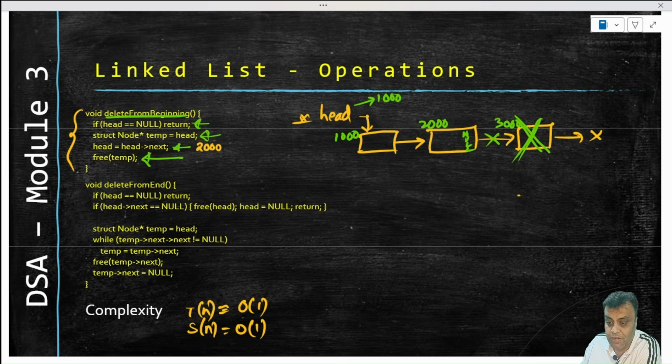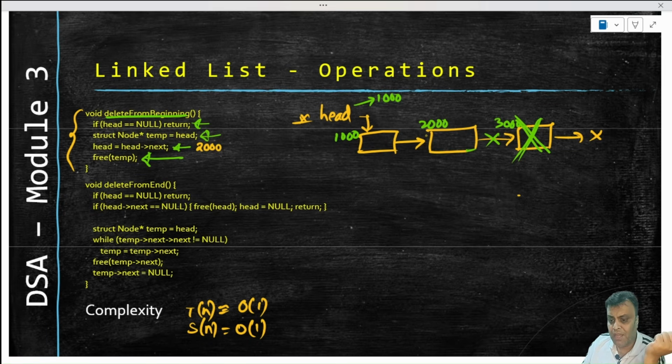So in order to do that, I have to reach this node. From 1000 I have to traverse and come here. And how will I reach this node? I will have to check, wherever I am when I'm traversing, I've put it inside temp. By now you should know it.